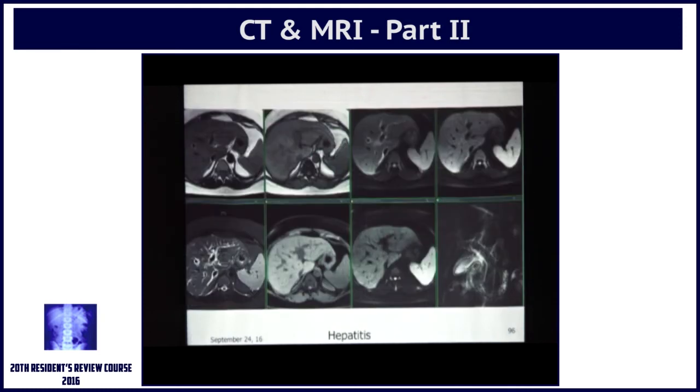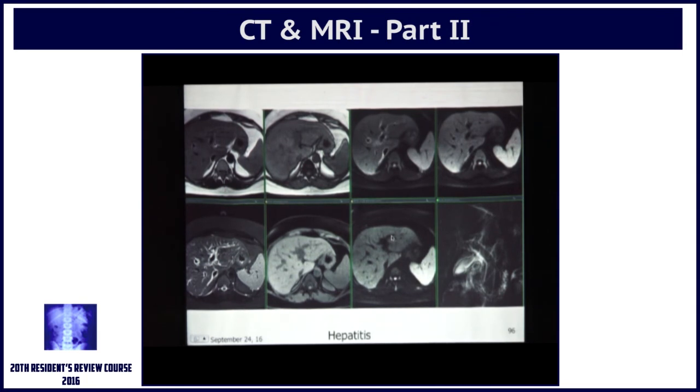The other thing which you see is that these are the sequential diffusion weighted scans. Now, in my opinion, the diffusion weighted scans don't necessarily contribute too much to focal malignant versus benign lesions very often. But if you have a patient with hepatitis, occasionally you will see that as the B value increases, so does the signal of the liver.